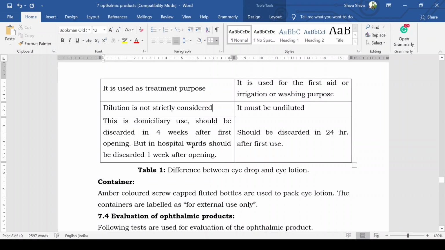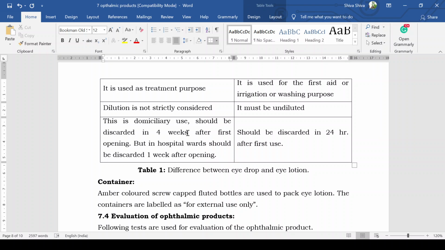For domiciliary use, it should be discarded 4 weeks after first opening, but in hospital wards it should be discarded 1 week after opening. Domiciliary use means household use. Once opened by the patient at his or her home, it should be used within 4 weeks, and if it is stored for more than 4 weeks, it should be discarded.